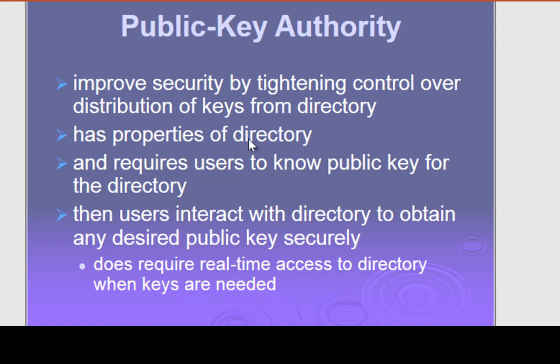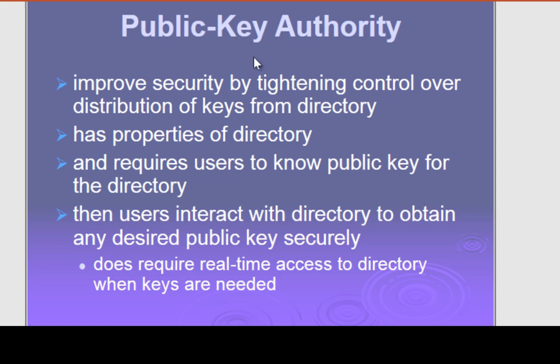So this public key authority has the same properties as the directory, and it requires a known public key for the directory. Every participant who accesses the directory has to know the public key of the directory. Even the authority, the person who is maintaining this directory, has a pair of keys, a public key and a private key.